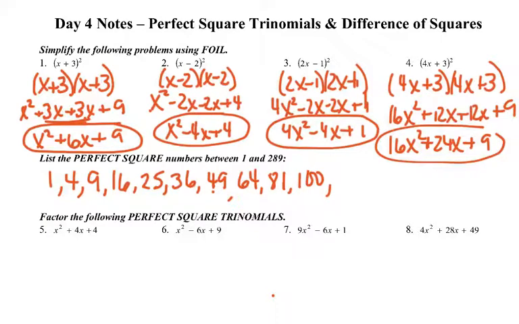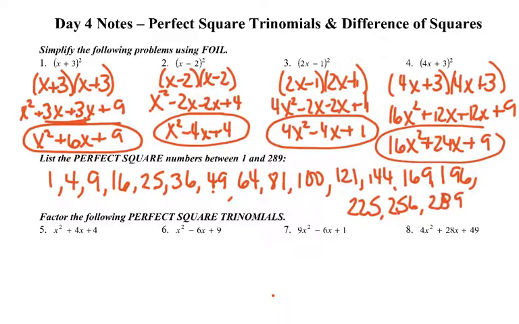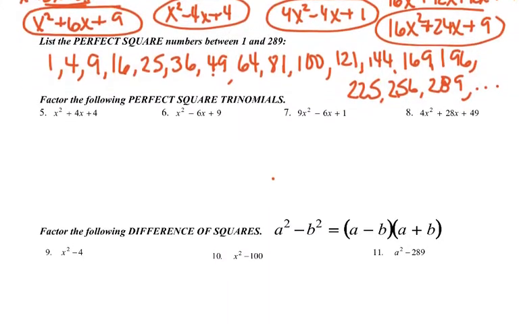We could even keep going with 11 times 11 and 12 times 12 and 13 times 13. Yikes, I kept going, didn't I? 14 squared is 196, 15 is 225, 16 is 256, and 289 is 17 squared. And of course it keeps on going. But the main ones you need to know are really just the perfect squares from 1 to 100.